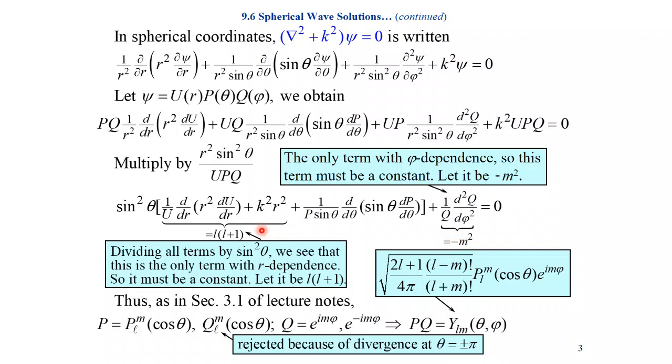Okay, how about the others? This part depends on r only, so we can assume the solution for this one is L times L plus 1. Why? Because this part, we know it should be very easy.